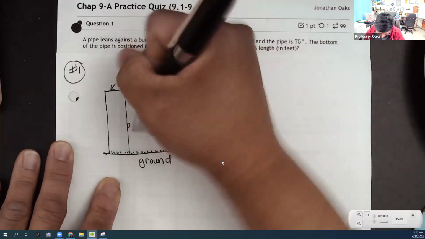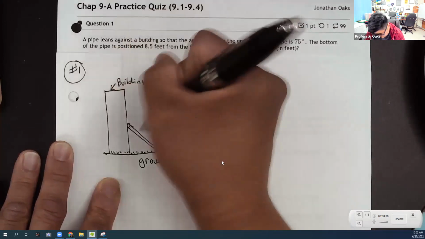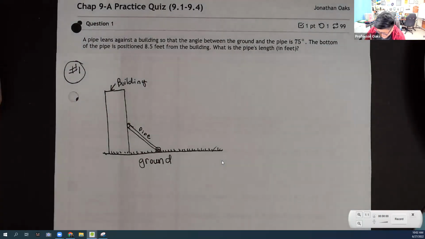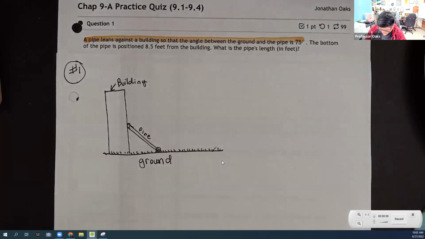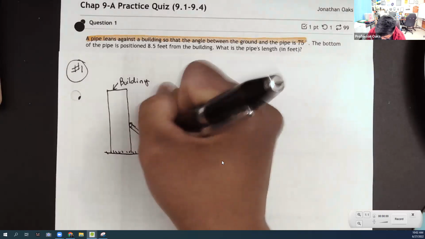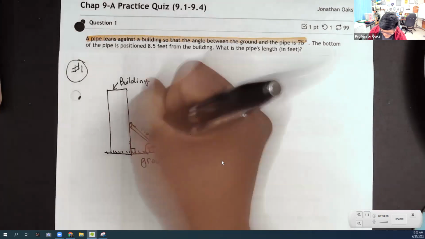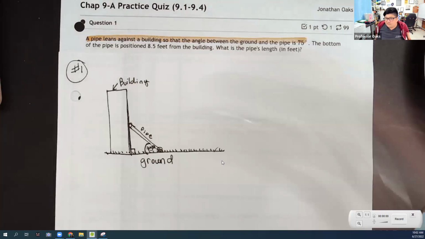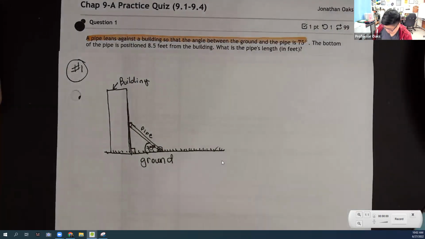So the pipe is leaning against the building, but the angle between the ground and the pipe is 75 degrees, then that is the 75 degrees. That's the angle between the ground and the pipe. That will be 90 degrees, assuming that the building isn't leaning or anything like that.